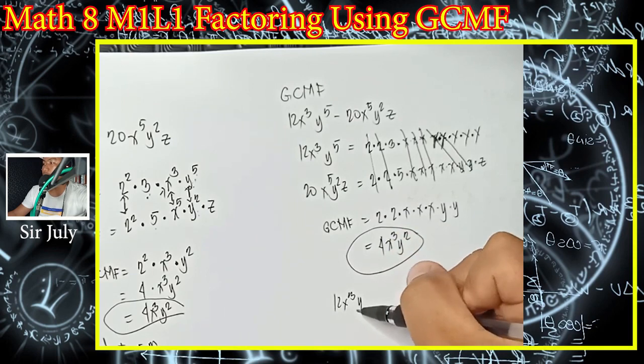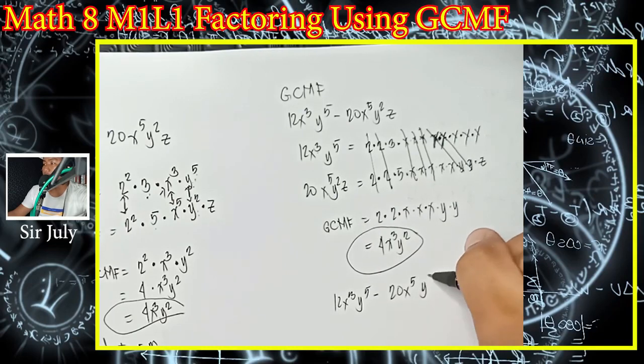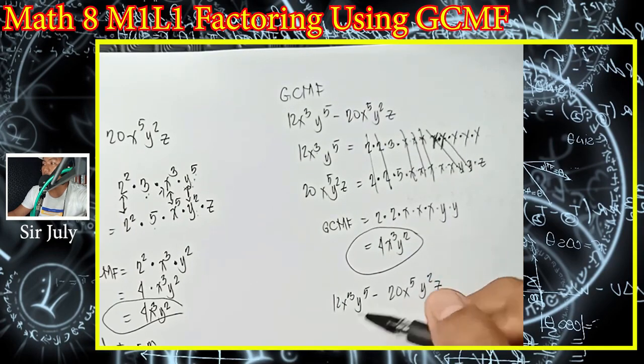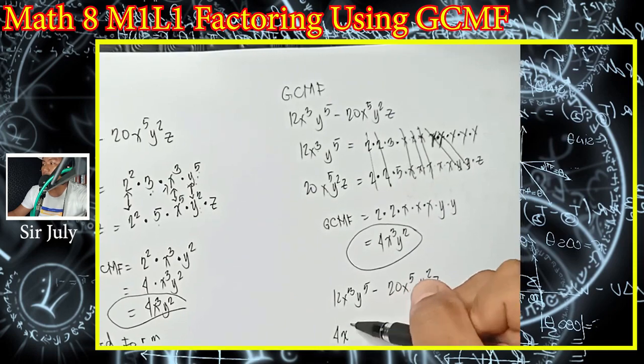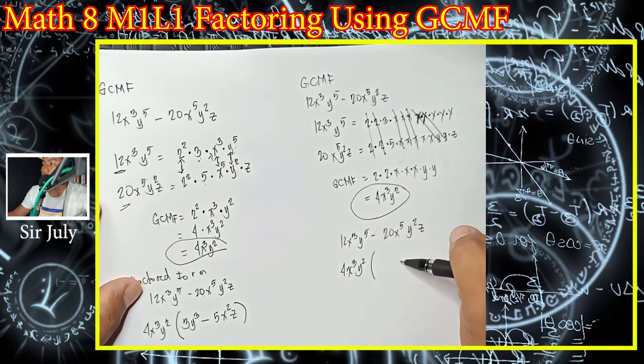So 12x cubed y raised to 5 minus 20x raised to 5 y squared z. So ilalabas natin ulit yung greatest common monomial factor, which is 4x cubed y squared, and then lagyan natin ng close and open parenthesis.